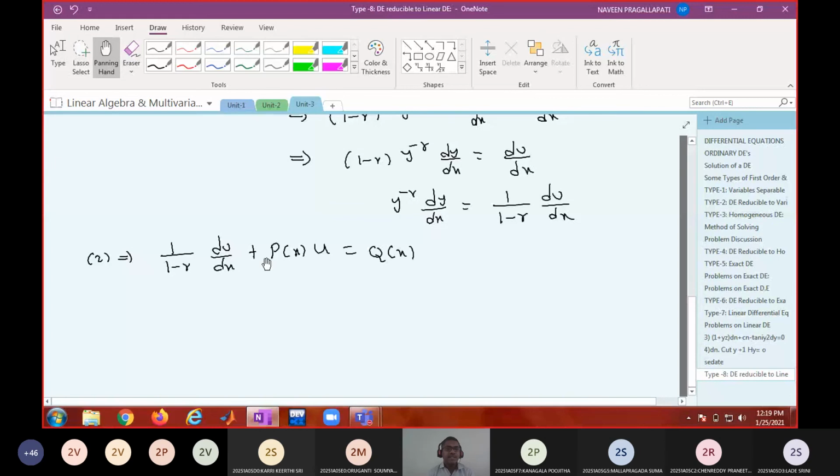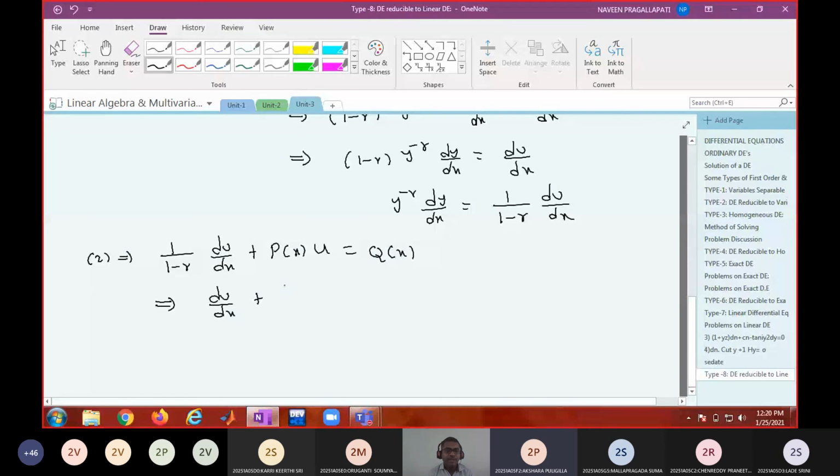Now, is this linear in u or not? What is the dependent variable? u. The degree of u is 1, and the derivative's degree is also 1, so it is linear, but is it in standard form? No. So what do I have to do? Multiply by 1 minus r.